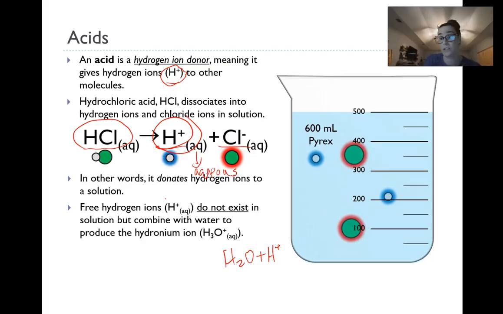So they don't exist just floating around in solution. They bind to water to make something called hydronium, which is H3O plus. So these free hydrogen ions don't actually exist, but they exist bound to water in the hydronium ion. But they are used interchangeably. So if you see H plus in a reaction, if it's an aqueous solution, it really means hydronium. It's bound to water, but that's a nuance. You can use these interchangeably.